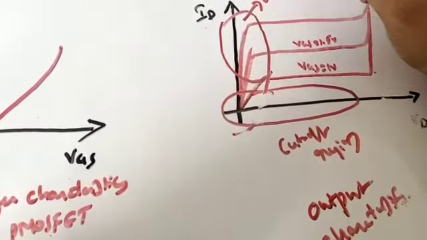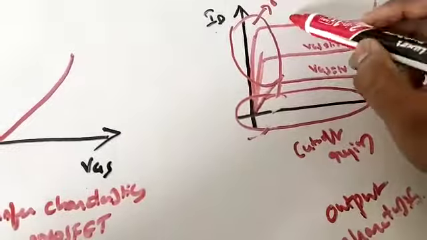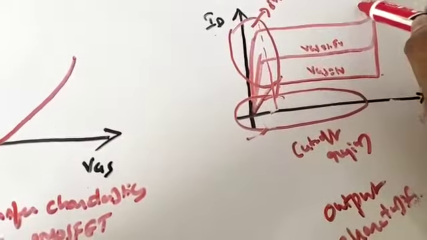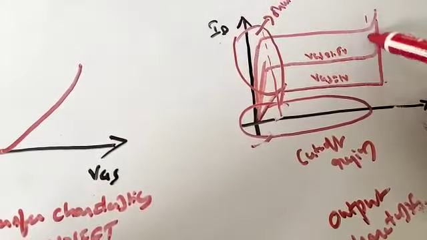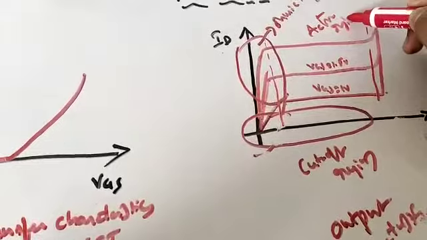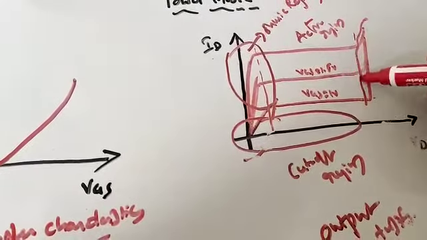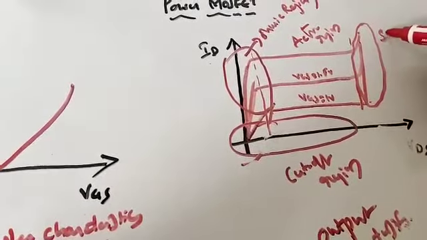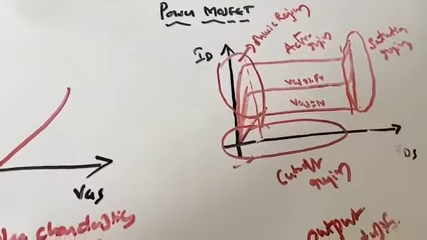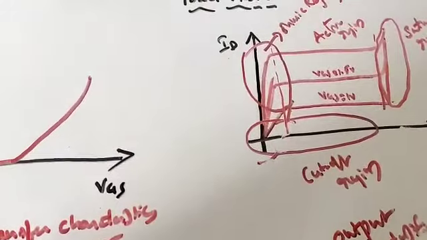Ohmic region. And this particular condition is known as the active region. And finally this is known as the saturation region. Understood what I'm saying?